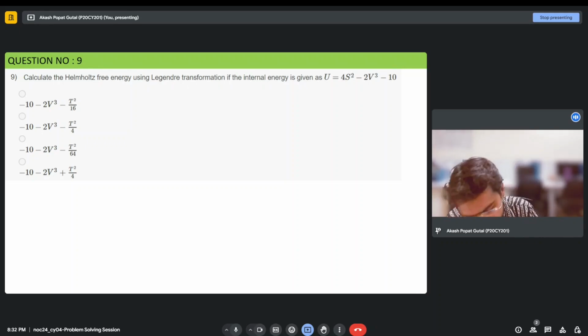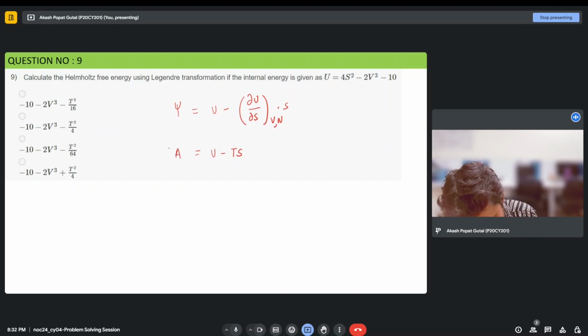And we have seen the Legendre transform for internal energy as del U by del S at constant V and N, into S. And that gave us U minus TS as the definition of Helmholtz free energy.